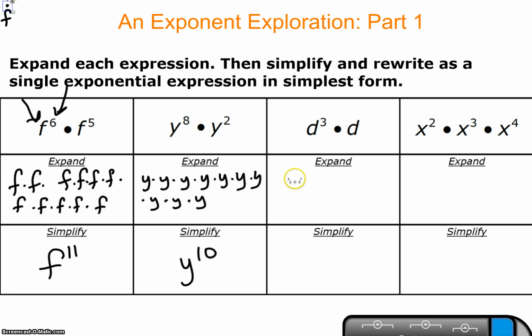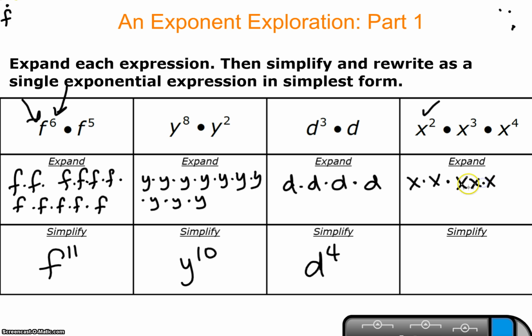Let's do the next one. D times d times d, there's d to the 3rd, times another d. So simplified, we have d to the 4th power. Now let's do the last one. We have x times x, that took care of that one, times x times x times x.